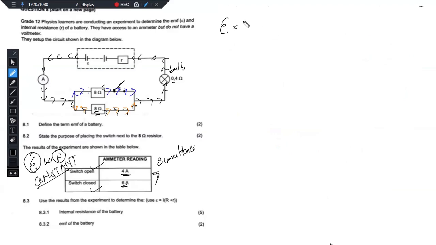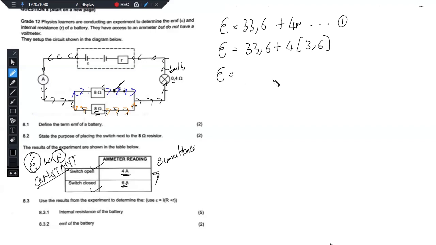So we have equation number 1, it was 33.6 plus 4r. Let's substitute our value for r. That's 33.6 plus 4 times 3.6. If you punch all that into your calculator, your EMF is going to be 48 volts, right?